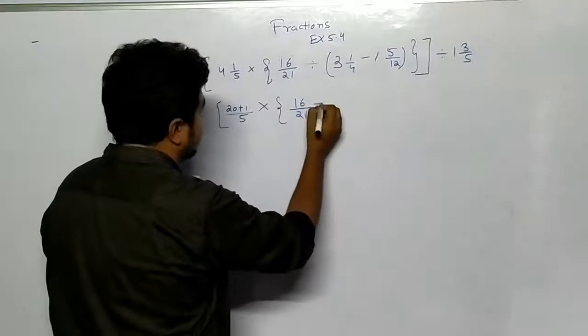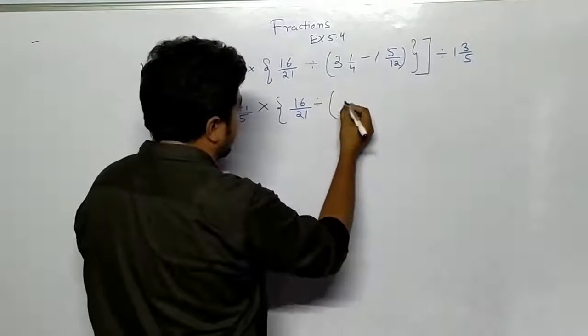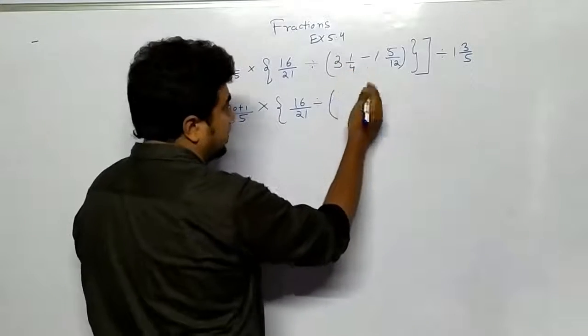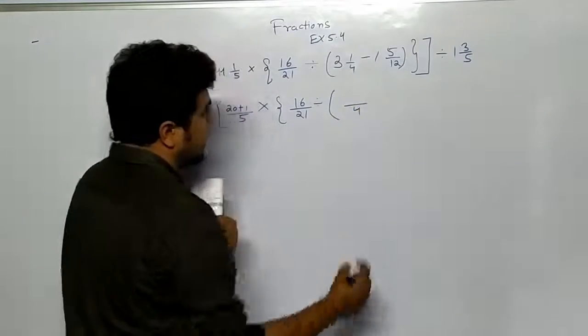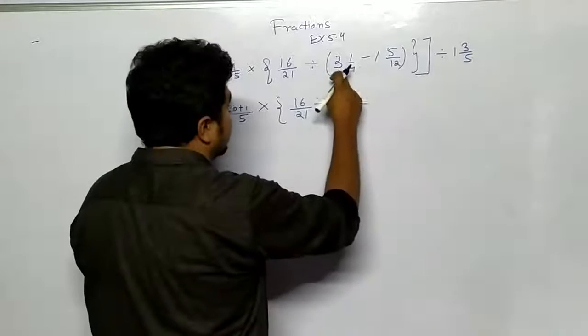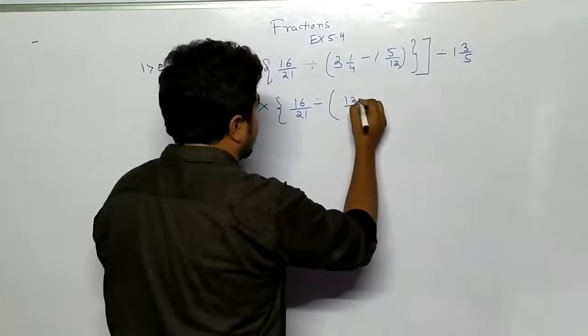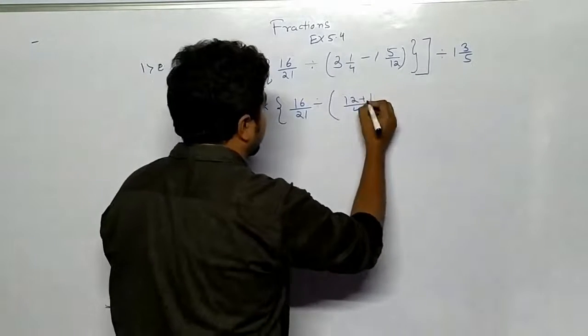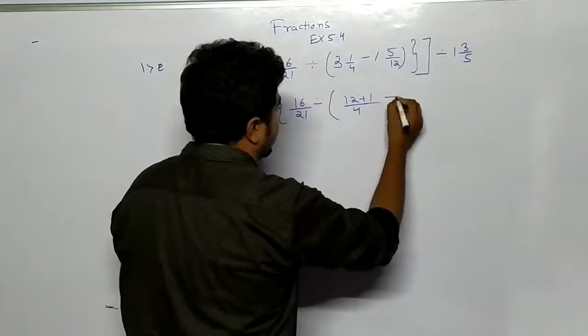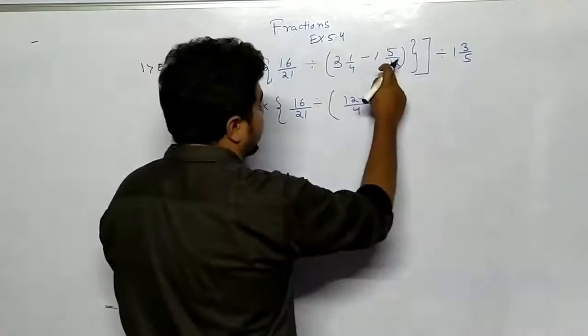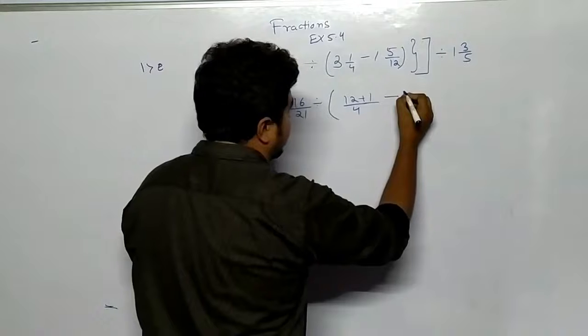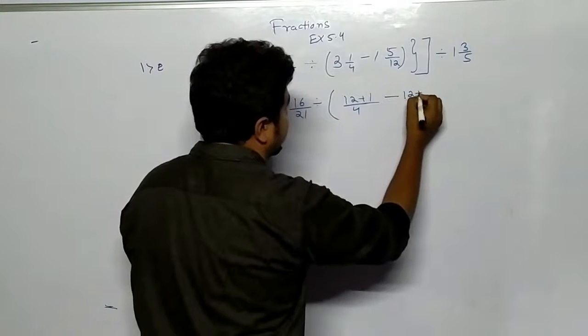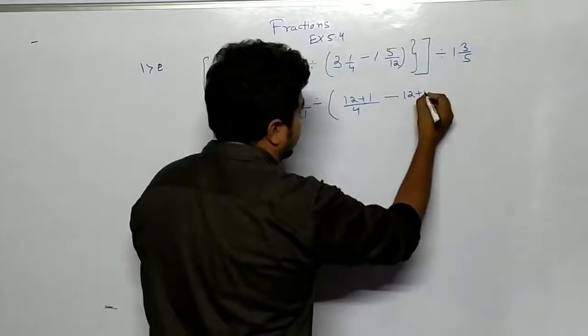You have to think like this only, and then you can write 3 into 4 is, in the denominator it will be 4, and in the numerator you have to see 3 into 4 is 12 and plus 1 is 13. Means, and now 1 into 12, you can write 12 plus 5.